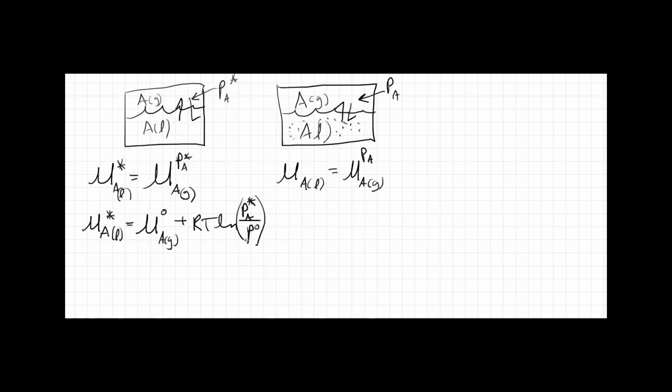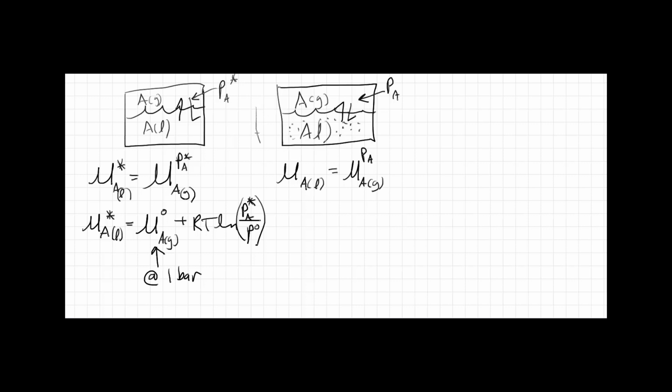So this just says the chemical potential of this gas is equal to the chemical potential at 1 bar plus this adjustment term that gets us from 1 bar to where we actually are.